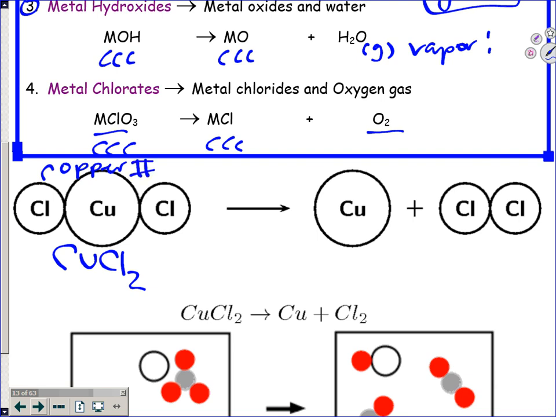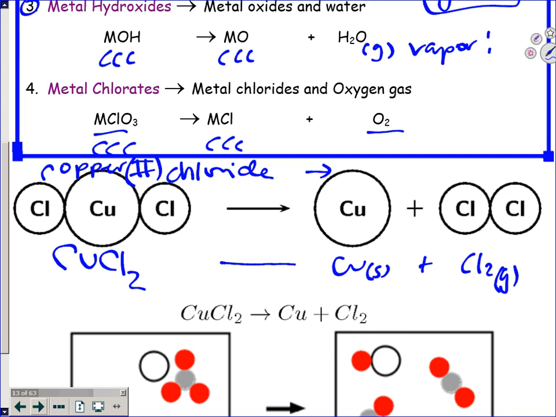Copper 2 chloride breaks down into its 2 elements: copper solid and chlorine gas. Had the reaction right there already. Never mind. But those might be some good illustrations to indicate how something breaks down into many pieces.